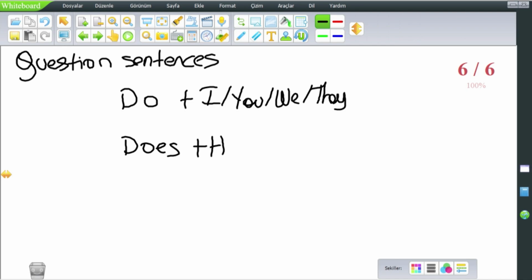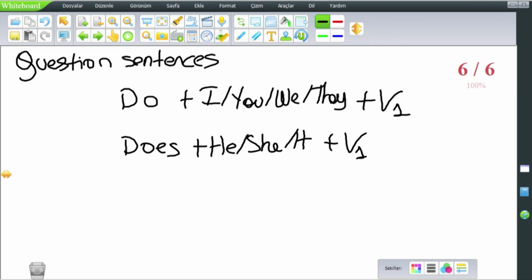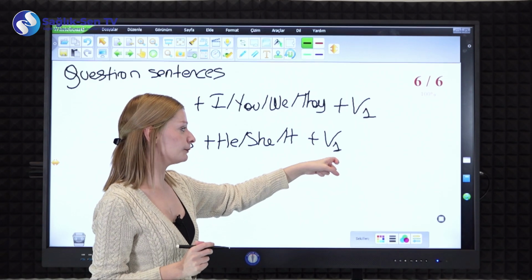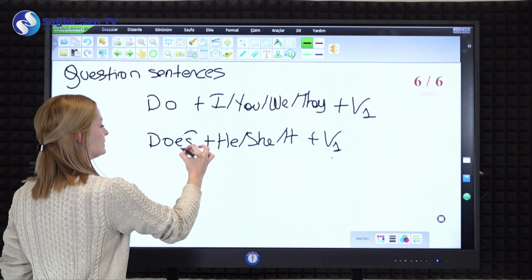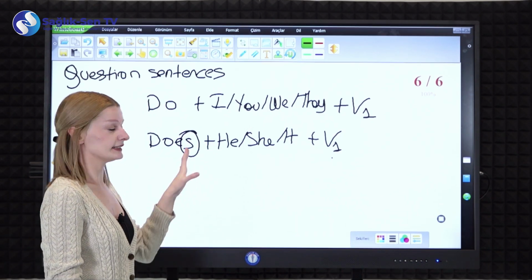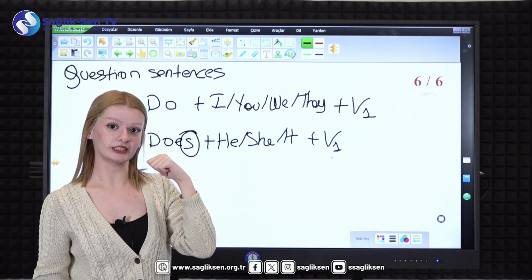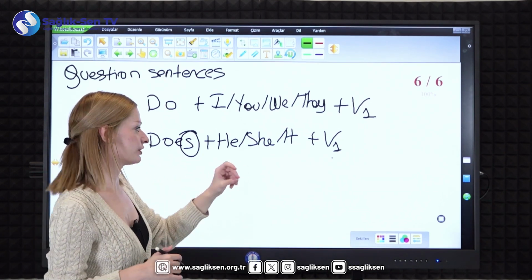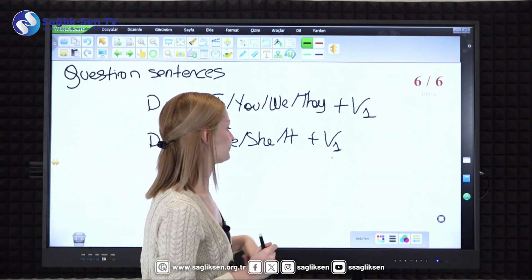Does, he, she, and it. And my verb 1. Again, tekrar aynı şeyden bahsedeceğiz. I don't have to add s to my verb because it's already in here. It's the same thing with my negative sentences. We don't add another s to my verb.